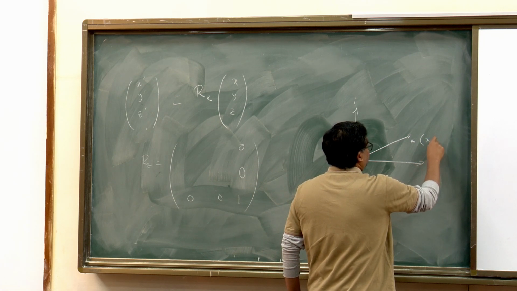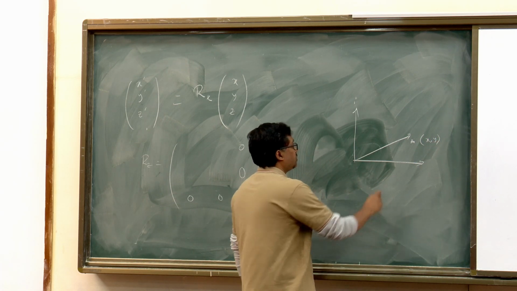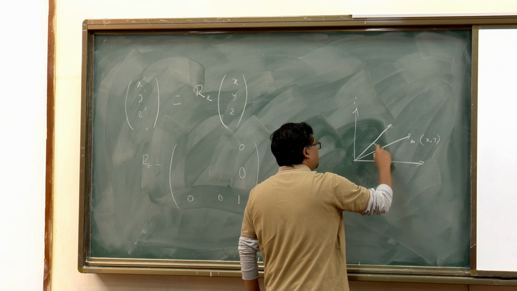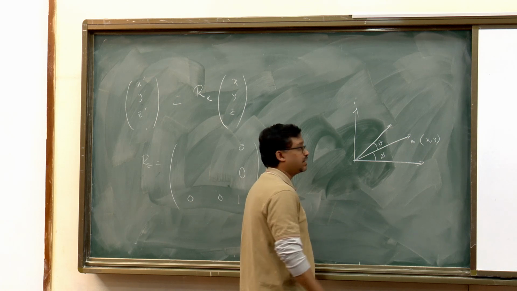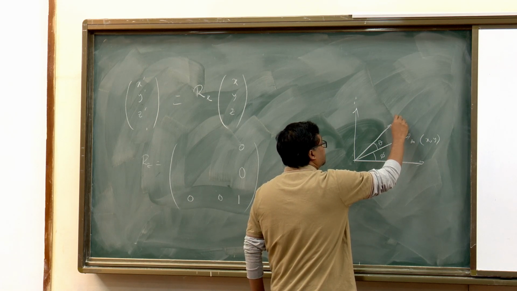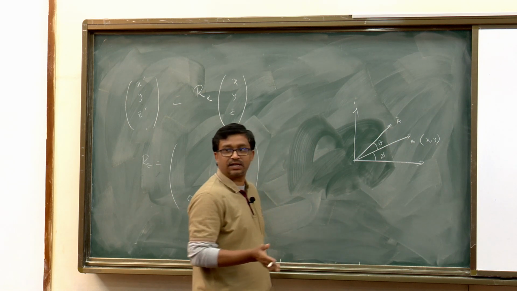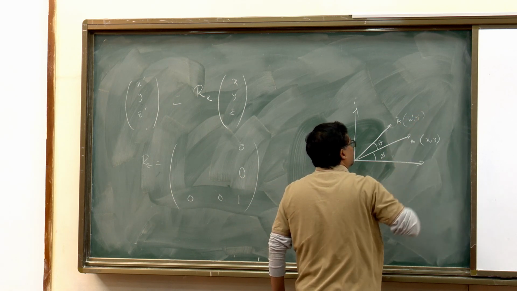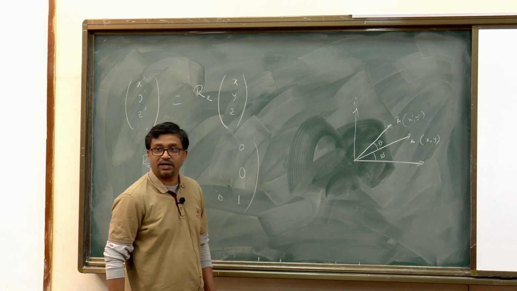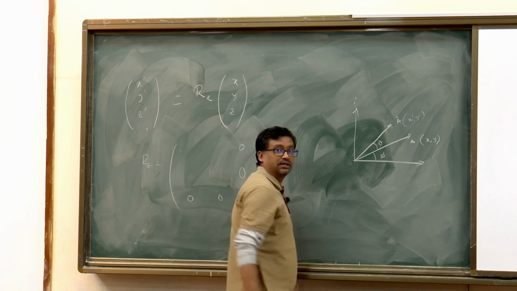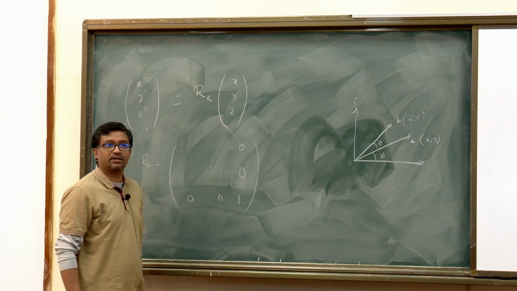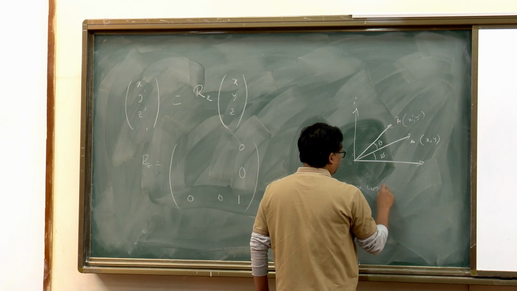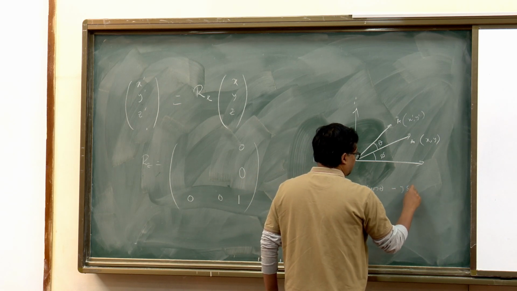Let us say it used to be x and y at the beginning with the angle, let us say phi, and then I move by an angle theta. Of course, the vector length remains the same, rotation does not change the length of the vector, and the vector coordinates now are x prime, y prime. So how are these related? Right. So x prime equals x cos theta minus y sin theta.